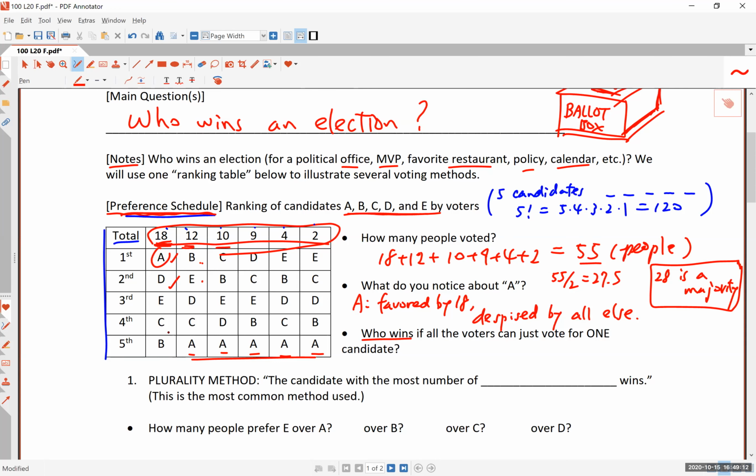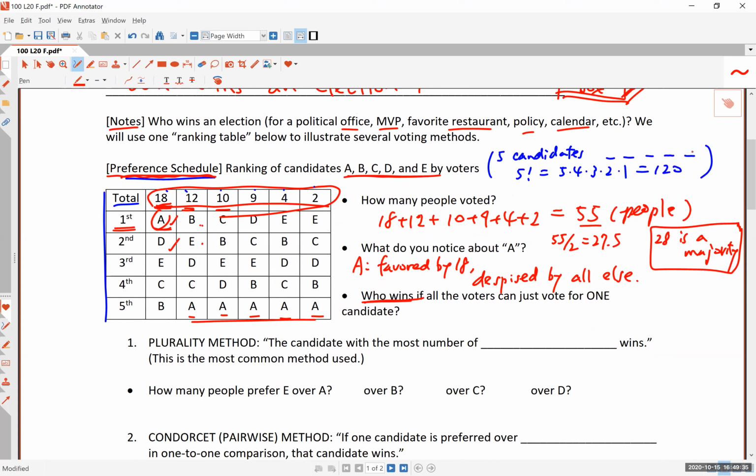E, C, and B, not so good. You may be okay with A or D, but if you are to choose one person to write the name of, you would choose A, right? That's the kind of thing I'm talking about. So the question here is, who wins if all the voters can just vote for and write the name of one candidate, which of course is the first ranked candidate?